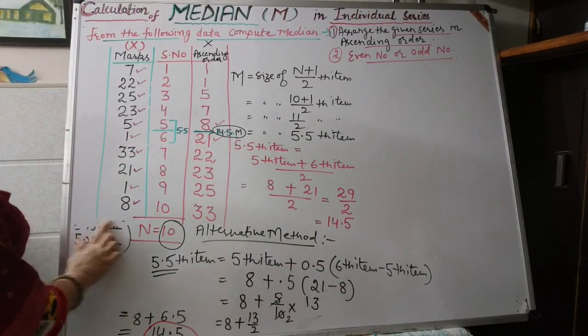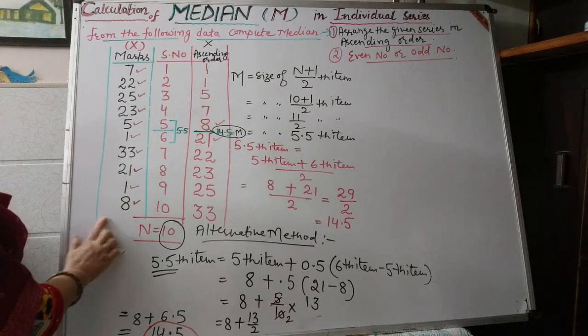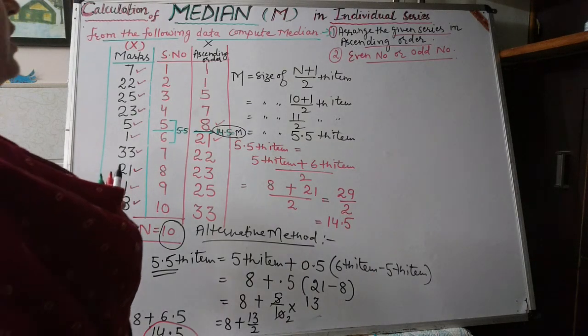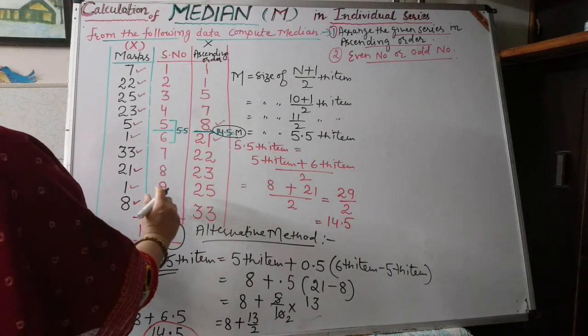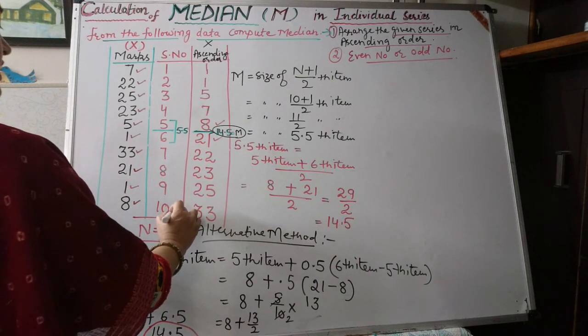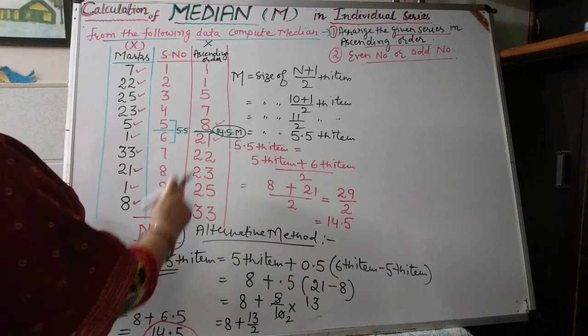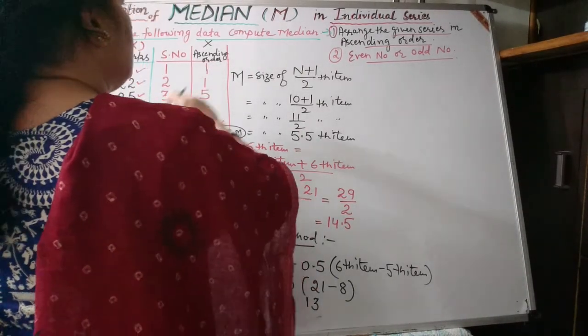Otherwise this method is not required. So this was all about even values, because 10 values were given, 10 students were there, and so we calculated this sum.